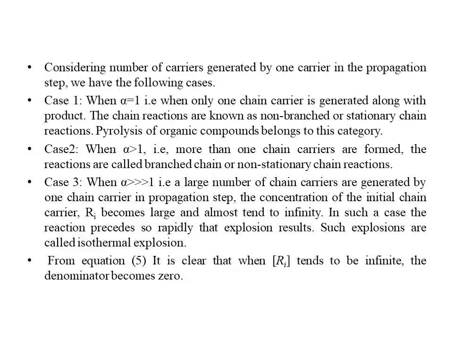In such a case, the reaction proceeds so rapidly that explosion results. Such explosions are called isothermal explosion. Now from equation 5, it is clear that when Ri tends to be infinite, the denominator becomes 0.